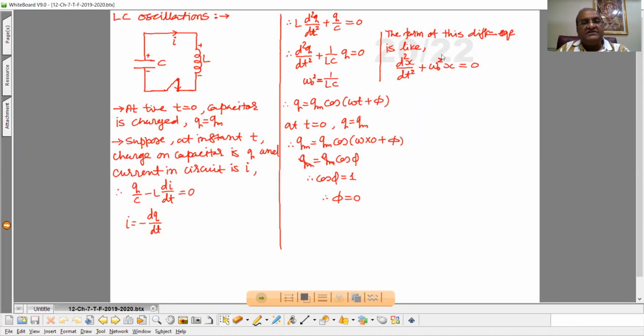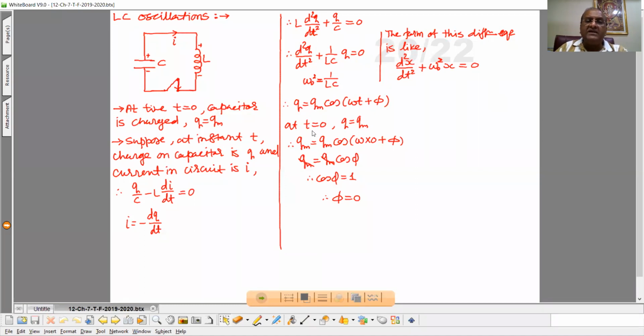Now in standard 11th, when we discussed this differential equation of simple harmonic motion, we derived its solution, that is y equal to a cos (omega t plus phi). So here we can consider the solution of this differential equation of charge as q equal to qm cos (omega t plus phi).